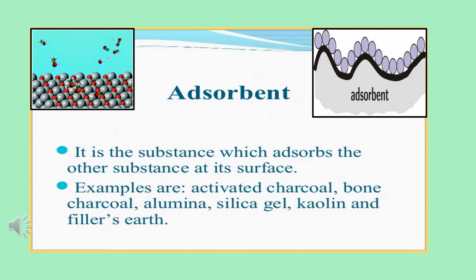Okay, students? The best examples for adsorbent are activated charcoal, bone charcoal, alumina powder, silica gel, kaolin, and Fuller's earth. These are the best examples for adsorbent on which the adsorption takes place.